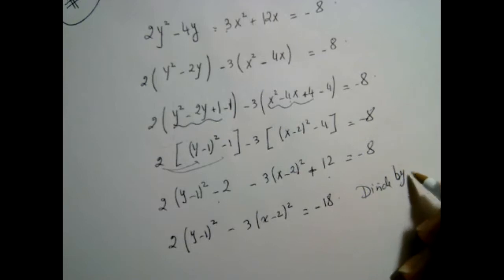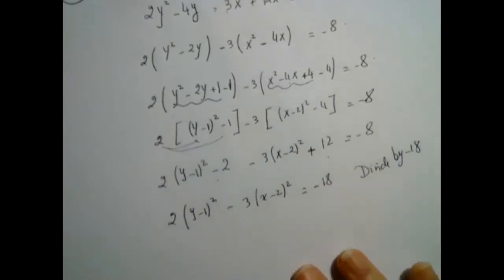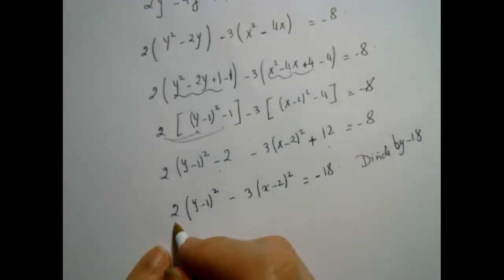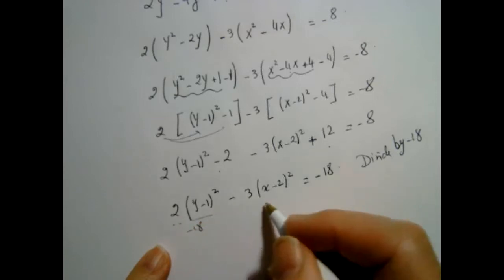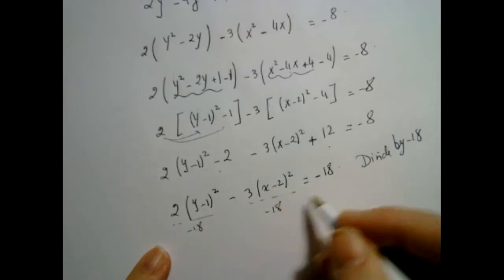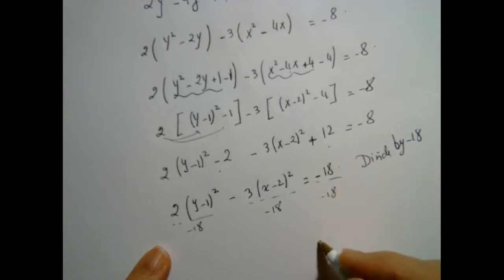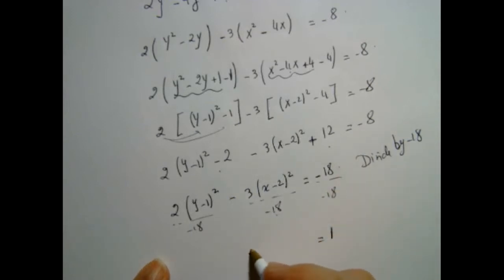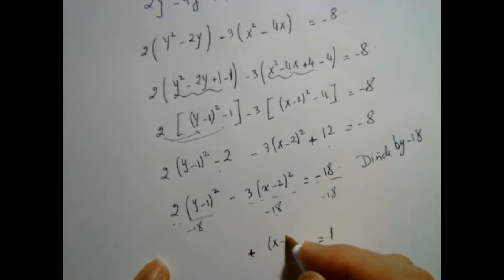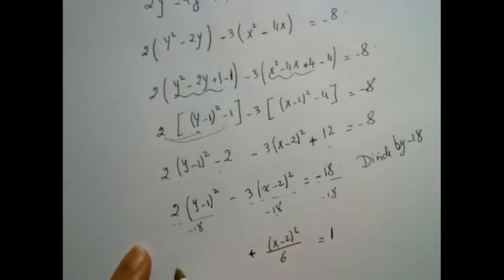across, and that's what gives me, if you divide this by minus 18, this by minus 18, and this by minus 18, I'm going to get my 1 here. Minus minus, that's a plus. X minus 2 squared over 6. And this I will have minus y minus 1 squared over 9.